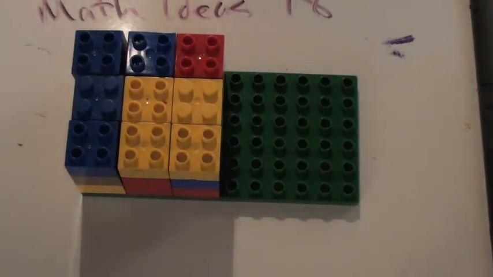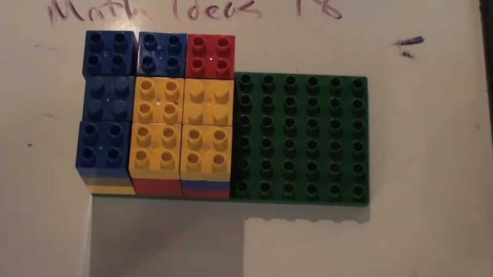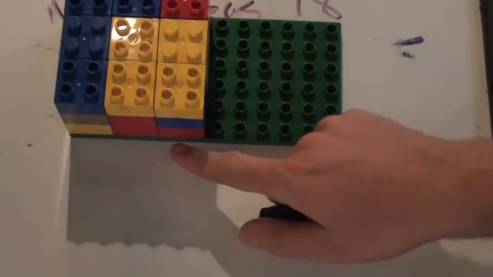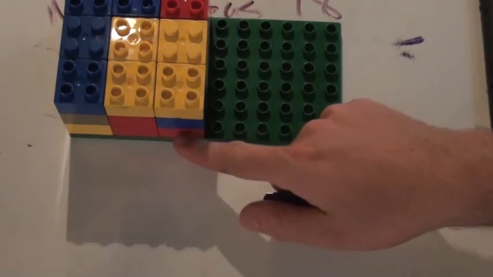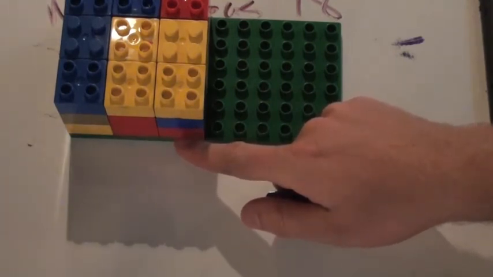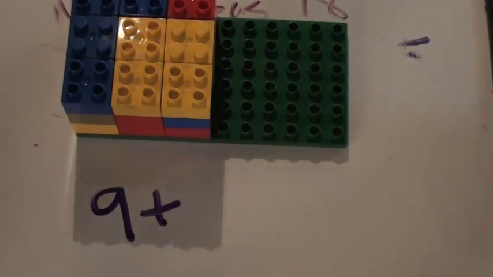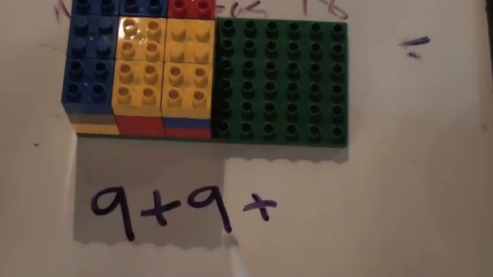I figured it out because I counted. You counted, right. And the other way we could have said is how many blocks do we have on the bottom layer? Just on the bottom layer. 3, 6, 9. 9. How many blocks do we have on the middle layer? 9. And how many blocks do we have on the top layer? 9.